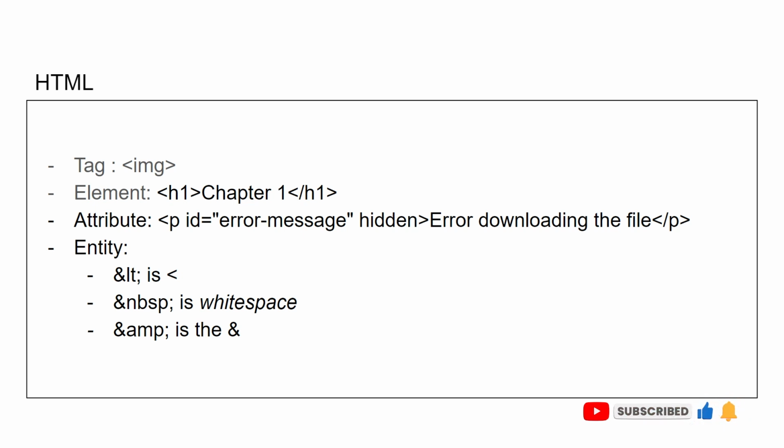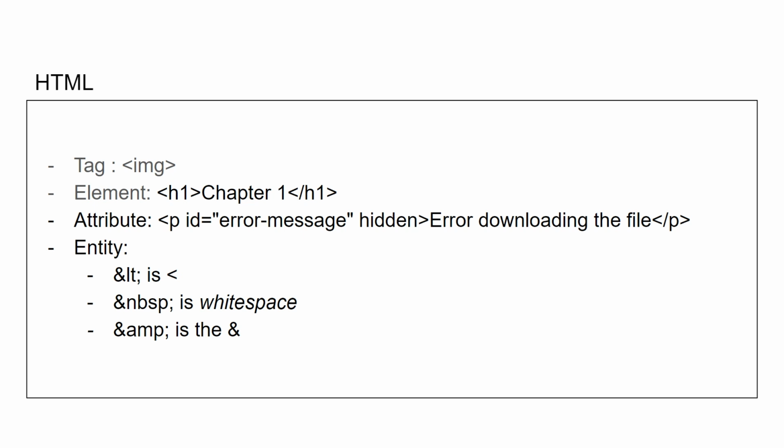For example, here: P, which stands for paragraph, ID equals error message, hidden, and then error downloading this file, closing P. Here we have this P element which has two attributes. One is ID with value equals to error message and then another one is hidden. As you can notice, all attributes don't need to have values.